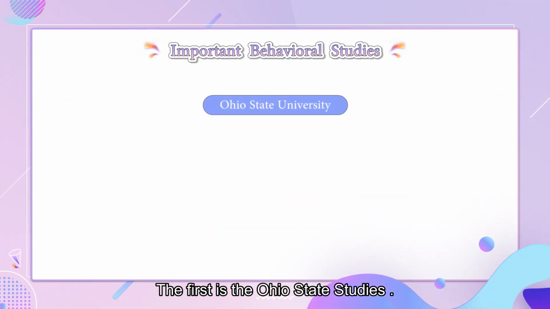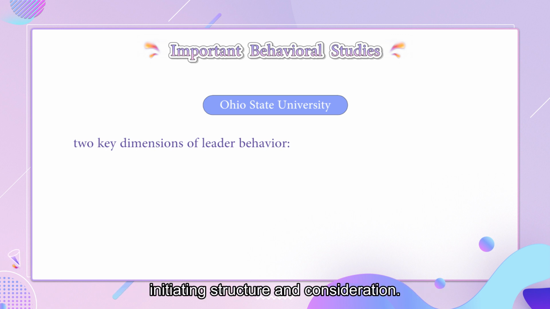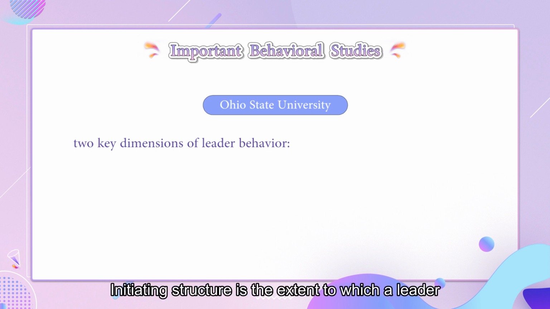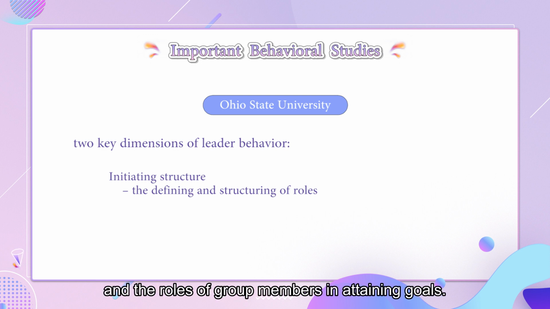The first is the Ohio State studies. They identify two dimensions of leadership behavior: initiating structure and consideration. Initiating structure is the extent to which a leader is likely to define and structure his or her role and the roles of group members in attaining goals.